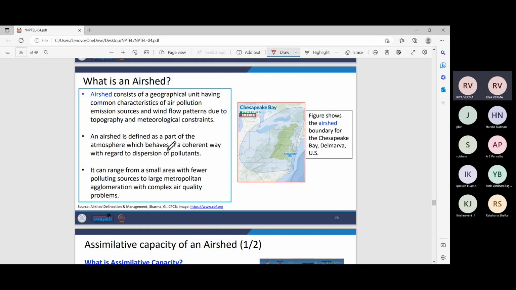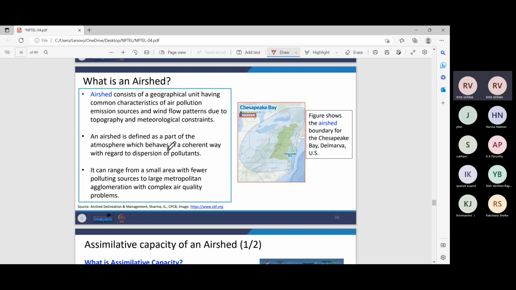So basically, what is an airshed? Airshed is nothing but a geographical unit having common characteristics of air pollution. So it is similar to a watershed. Here, the emission sources and the wind flow patterns will be the same throughout that area, and these similar patterns can be due to similarity in topography or some meteorological constraints.